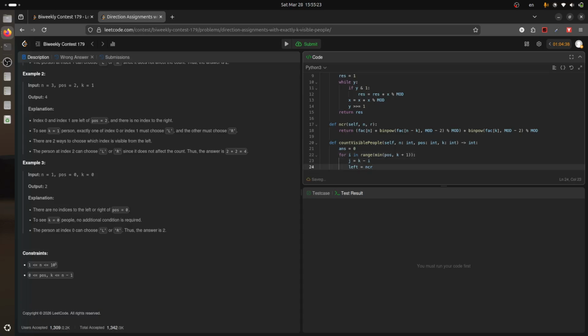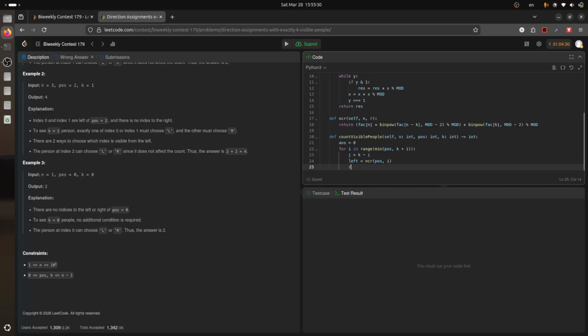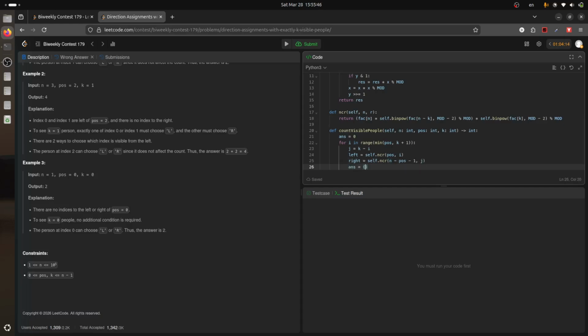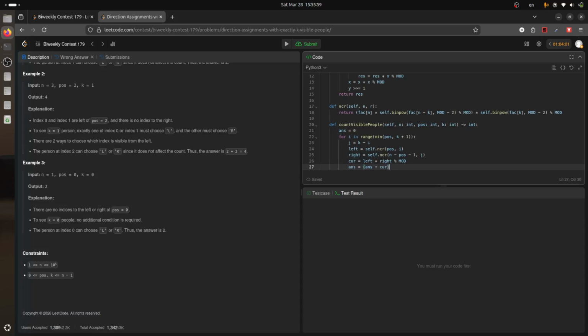Okay, and then that's left is ncr, so we want to choose from pos, we want to choose i, right? self.ncr, and then n minus pos minus 1 and j, and then ans plus left, no, current left times right mod, ans plus current mod.